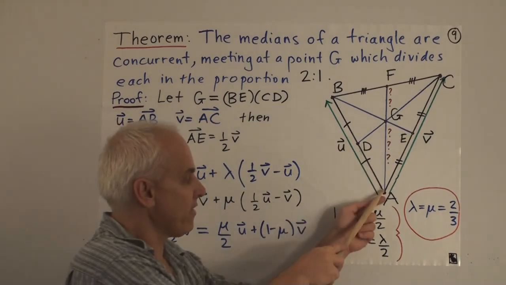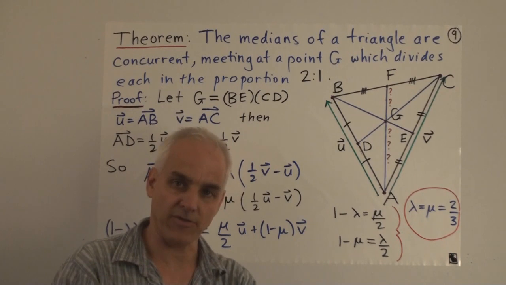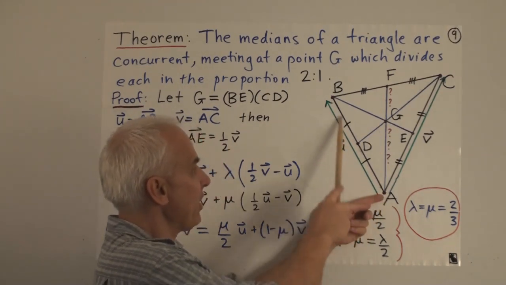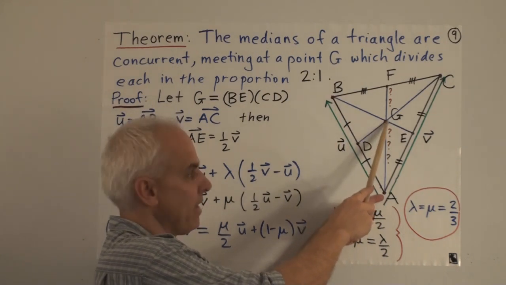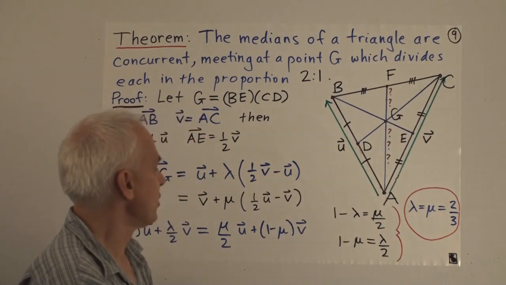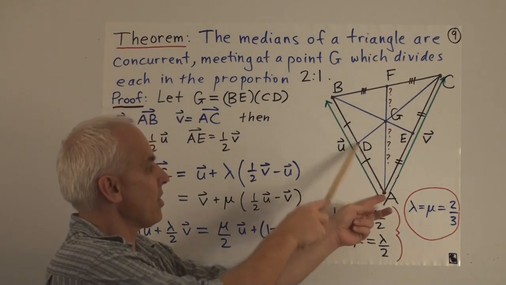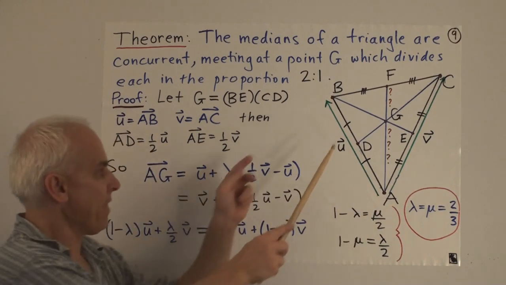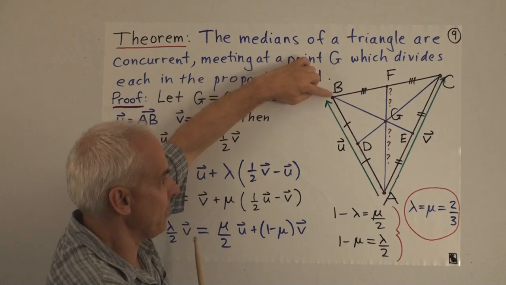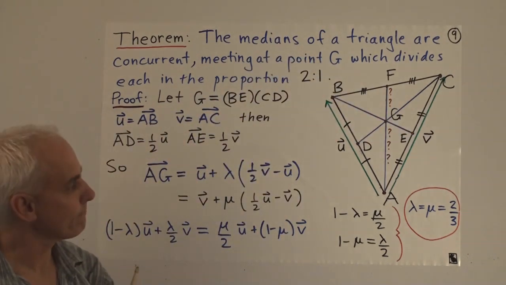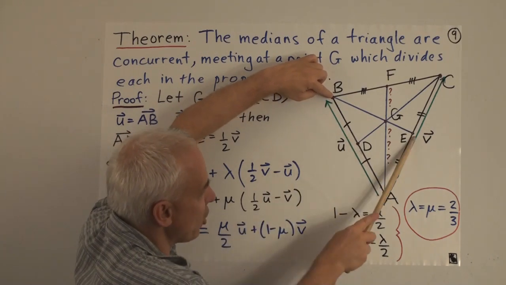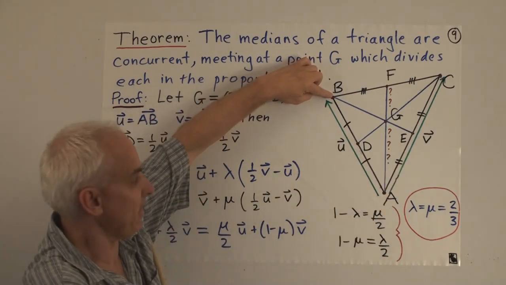And now let's describe the vector from A to G in two different ways. Because one way of getting from here to here is to go up here and then down that way. Another way is to go up here and then down there. So the first way, we take the vector u, and then we add a multiple of this vector. So let's ask ourselves, what is this vector from B to E? Well, it's the vector from the head of u to the head of v over 2, or 1/2 of v.